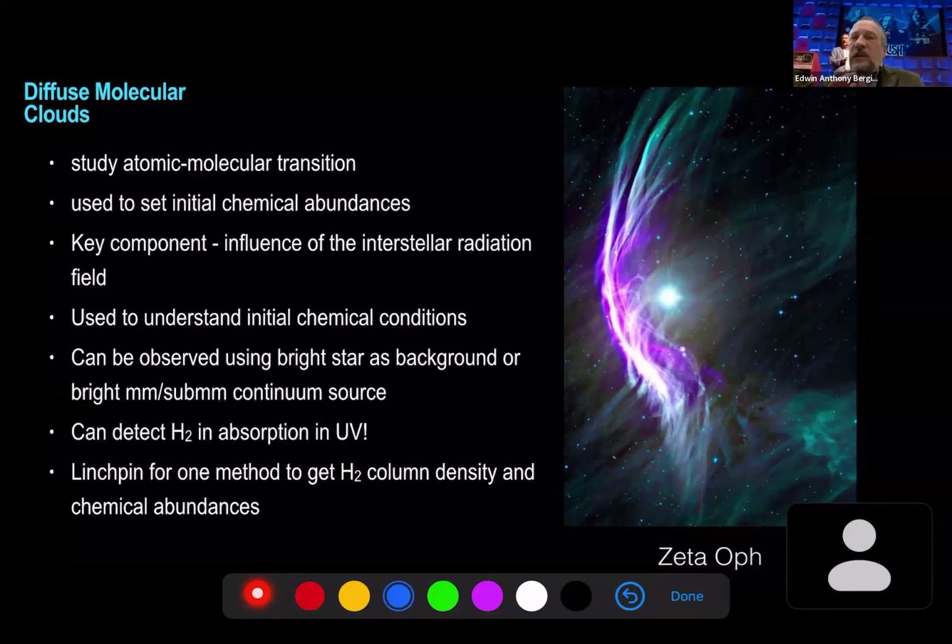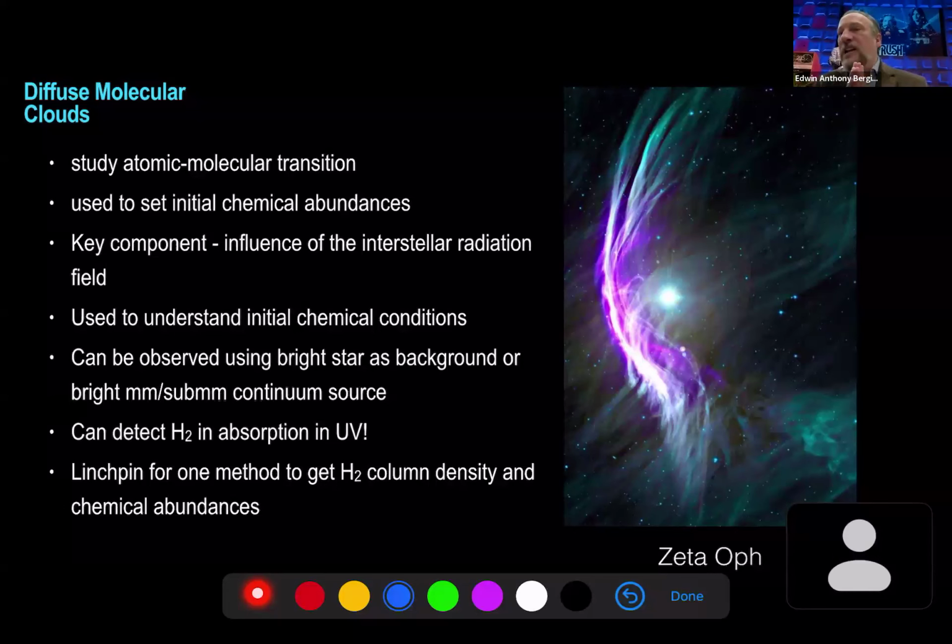Now, what matters here is diffuse clouds are, as we say, diffuse. Astronomers are very literate: giant molecular clouds are huge, massive clouds of molecules. Diffuse molecular clouds means that starlight pervades them.